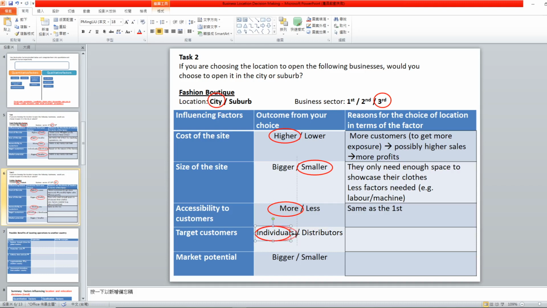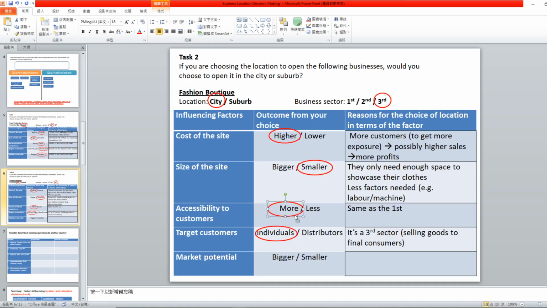That is a tertiary business sector, so we try to sell our goods to final consumers. And the last one, market potential, is very similar to the third row.